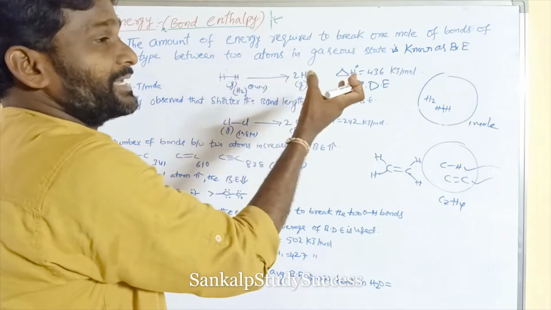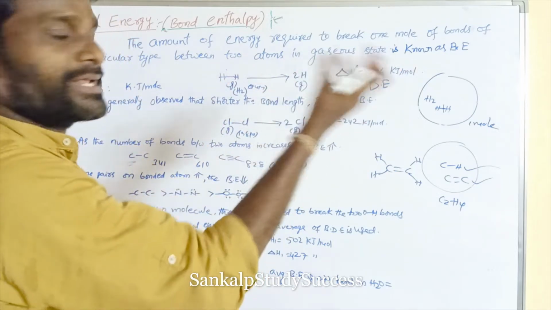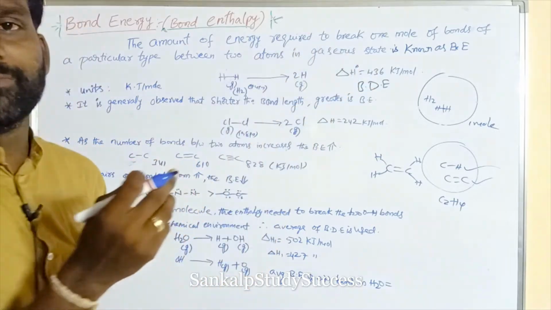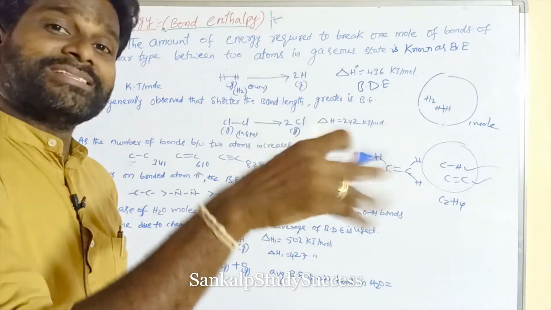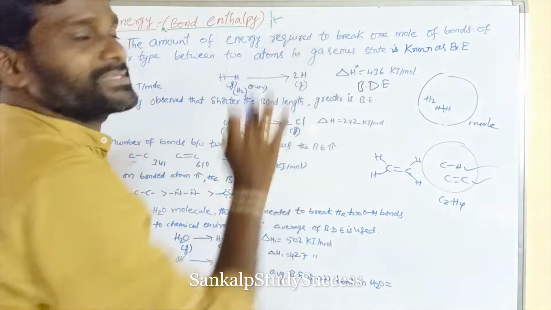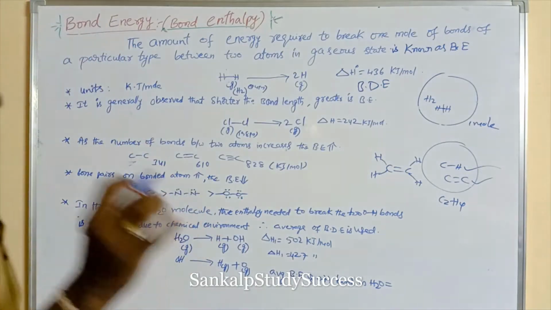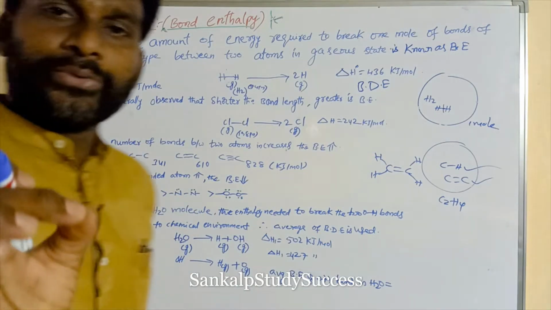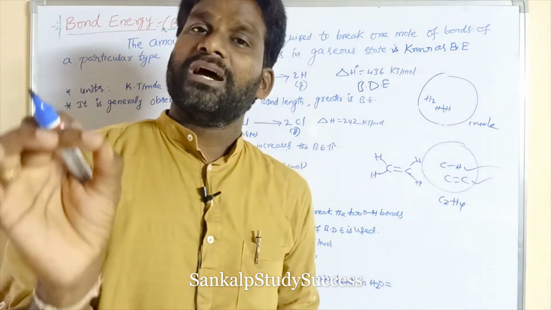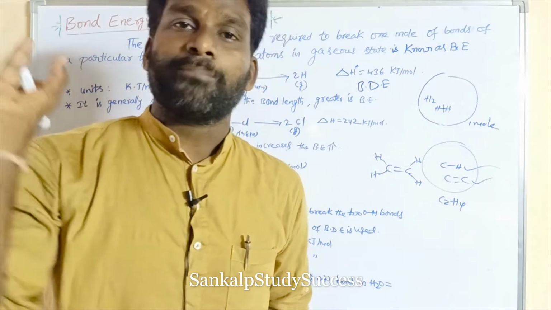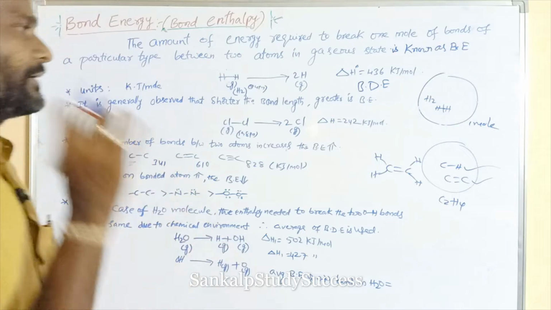That means energy is supplied. Energy supplied means its value is taken as positive. Energy released means its value is taken as negative. So bond dissociation energy is considered positive because energy is supplied.